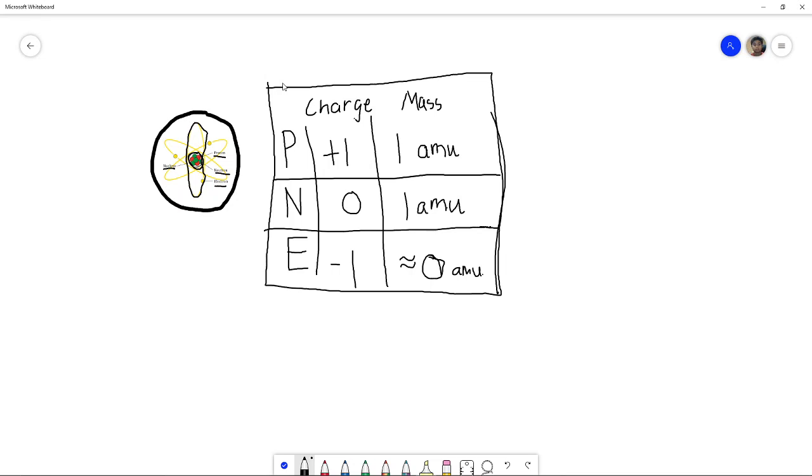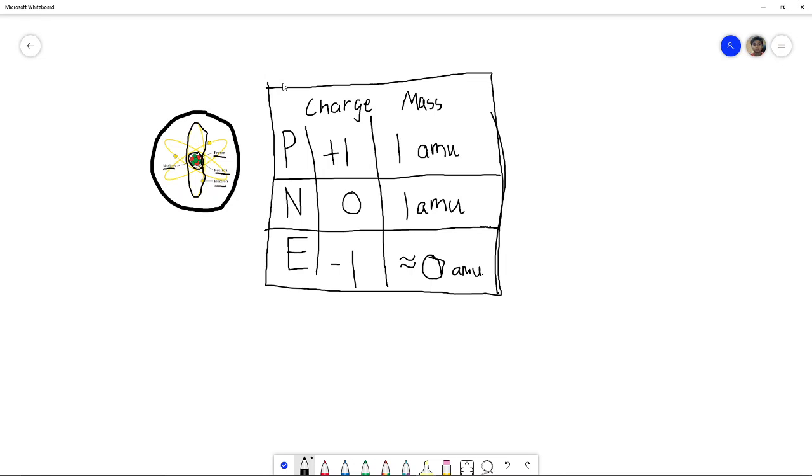AMU stands for atomic mass unit, and it's a unit of mass that's specifically made for very minute forms of matter, such as subatomic particles. Moving on, we have the neutron, which has a charge of 0 and a mass of 1 AMU, or 1 atomic mass unit.